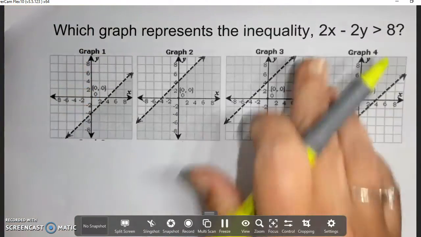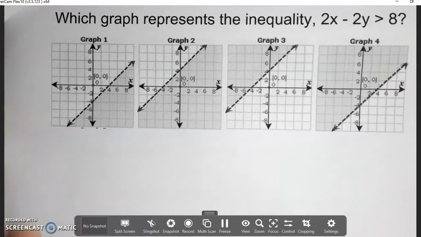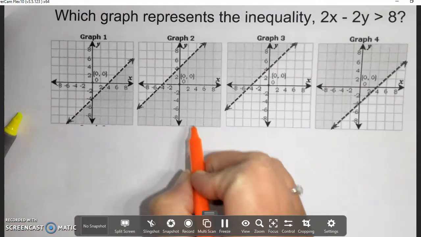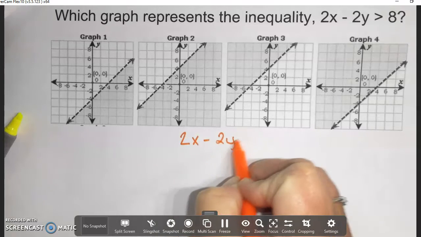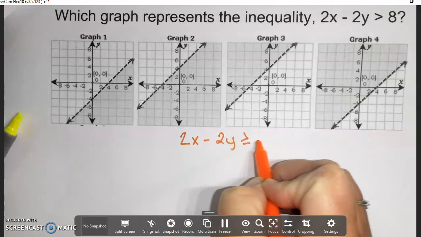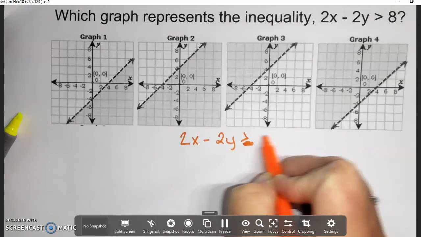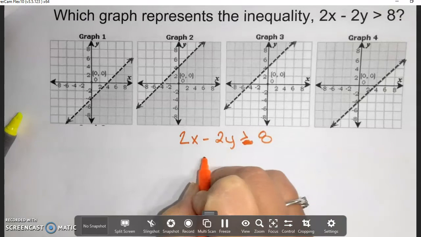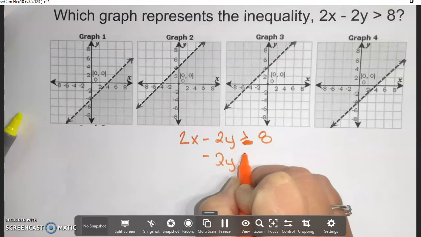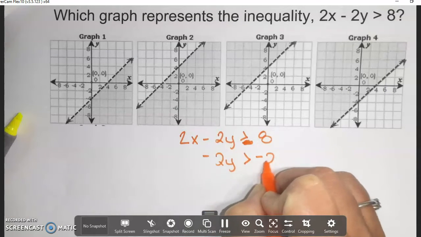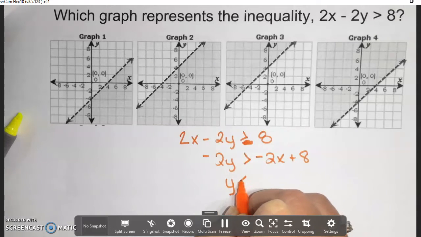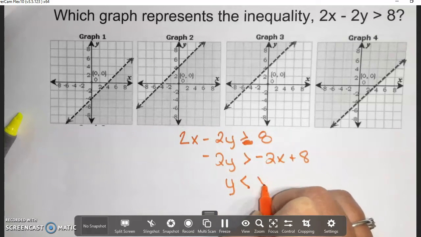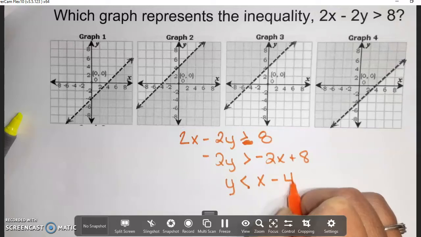Which graph represents this inequality? Well, the first thing we need to do is put it in slope-intercept form. 2x minus 2y is greater than, sorry, that's not supposed to be there, 8. So -2y is greater than -2x plus 8. Y is less than x minus 4.